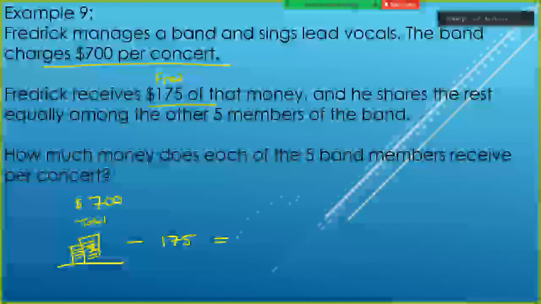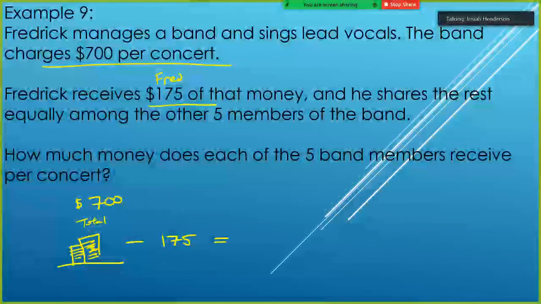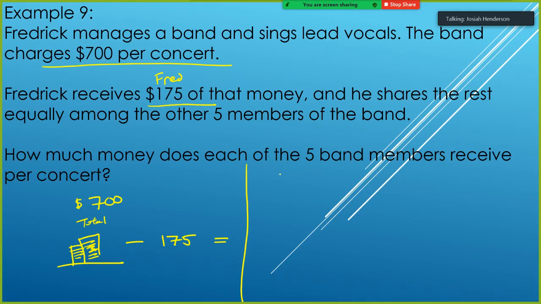So I'm going to clean up what I've done in my thoughts and my notes here. I'll draw a line to keep it all separated. So let's say we had 700 minus 175, and that should be equal to some amount. I'll say just money. My variable would be M for money.